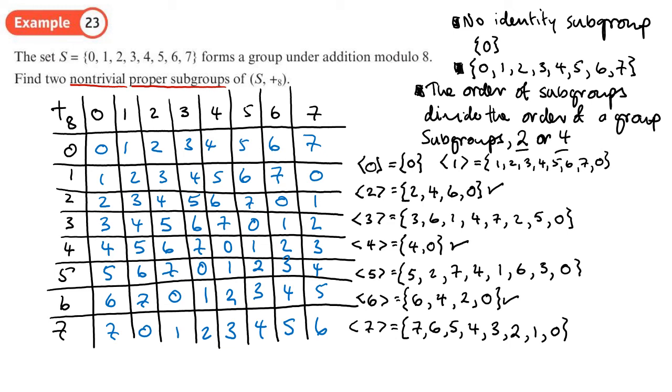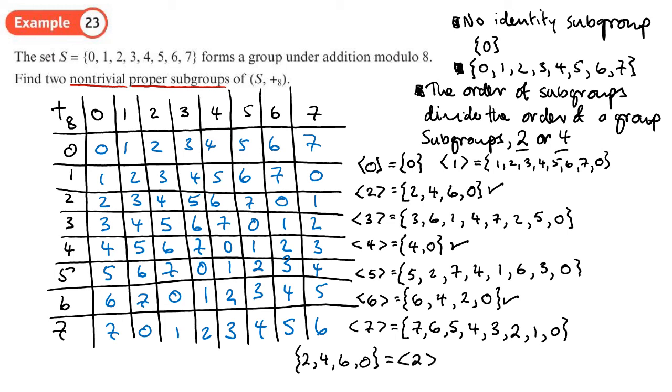So what do we have to finish with? Our subgroups are 2, 4, 6, 0, which has an order of 4 and its generator is 2.